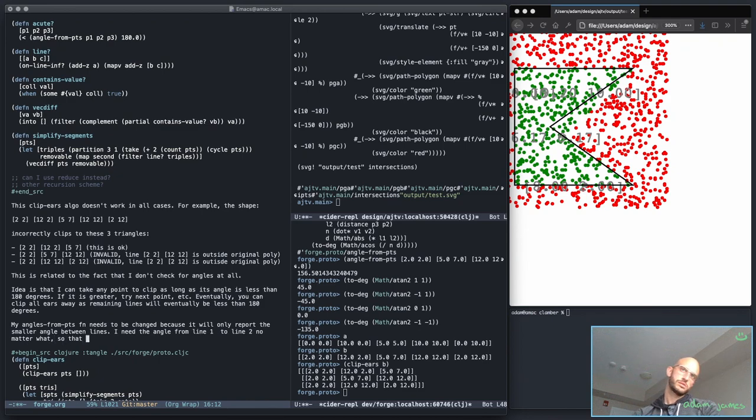So that the correct polygon remains. I don't know if that makes sense.